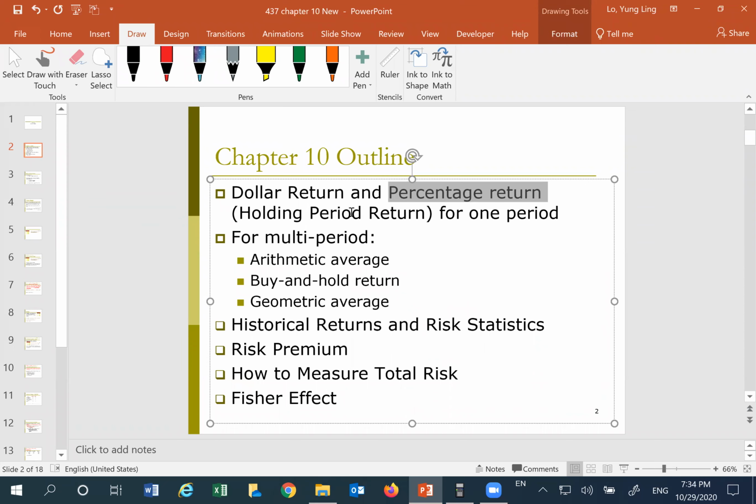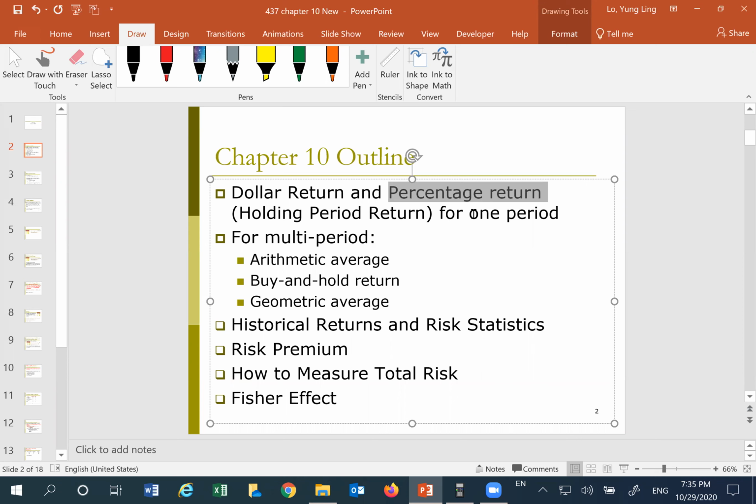Once we know how to calculate the holding period return for one period, we can do that for many periods. Let's say we can calculate holding period returns for many years, one for 2019, one for the year of 2018, and one for the year of 2017. So we can have many holding period returns calculated, one for each period.